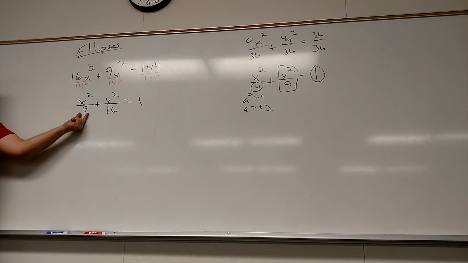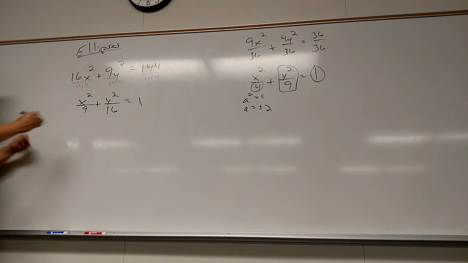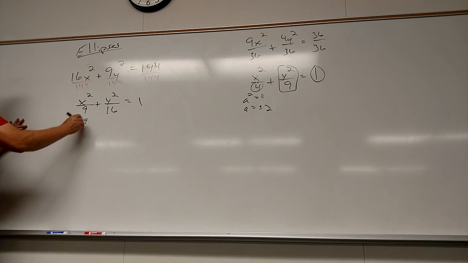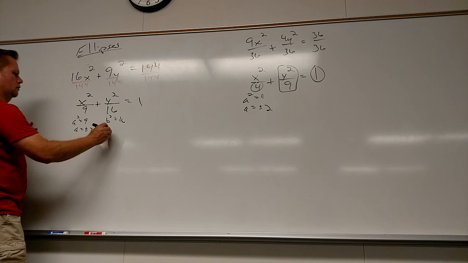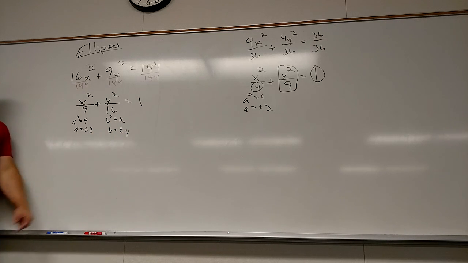So how far do you go in the x direction? 3 up, 3 down. A squared is 9, so a is plus or minus 3. B squared is 16, plus or minus 4. And then you just do that. You go up to 3, negative 3, 4, negative 4, connect. Next.